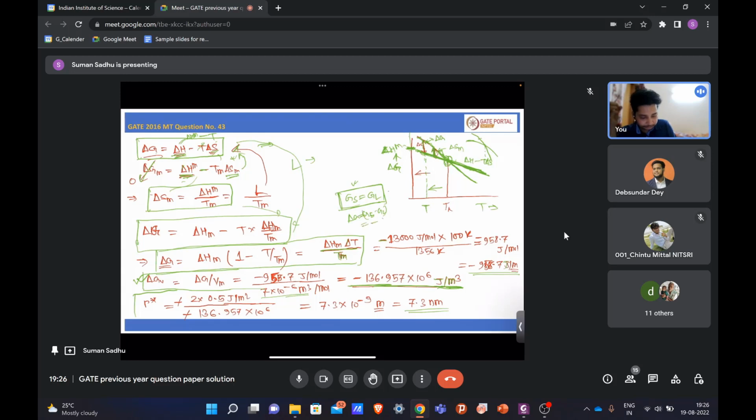So that will be negative. Negative means you are getting some energy from this. That energy will help to create a new surface, right? That's why you always have to go below the Tm to start that nucleation, or to get the solidification.